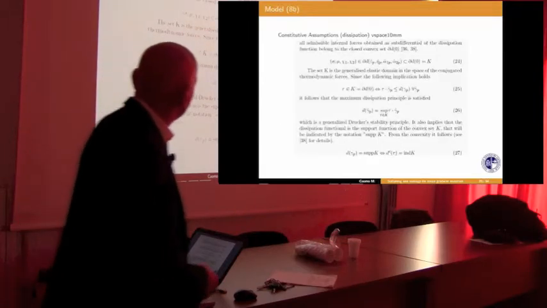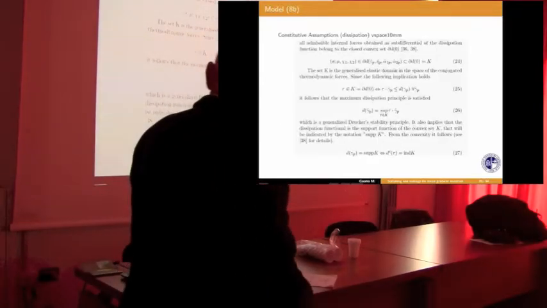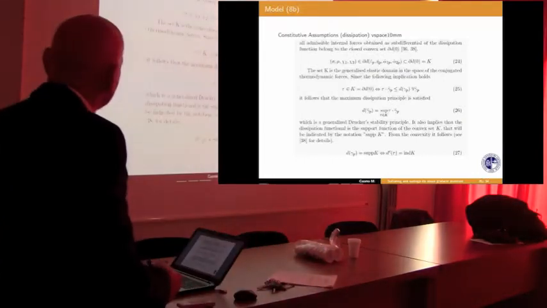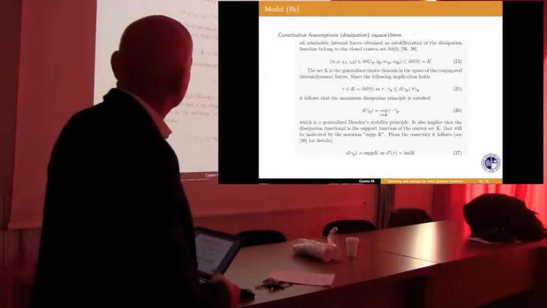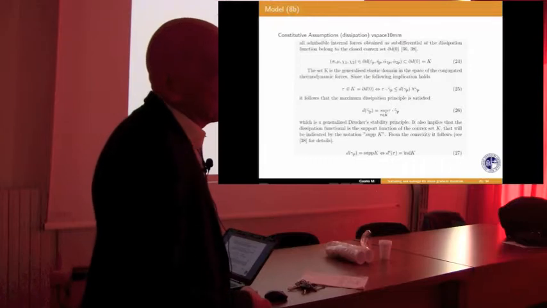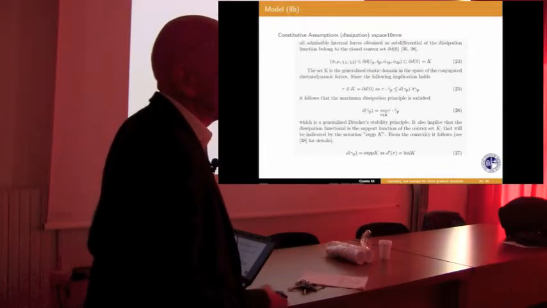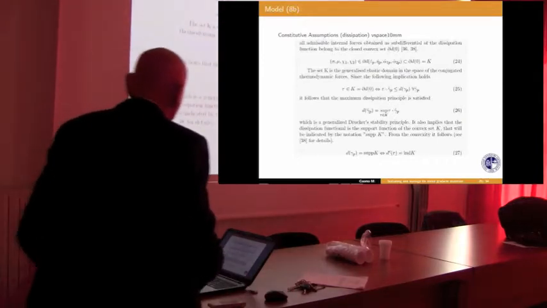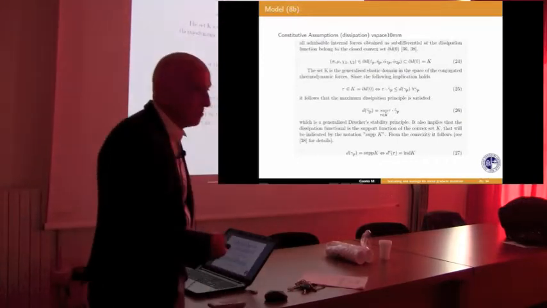With this hypothesis it comes out that the dissipation is the support function of a set, and this set turns out to be the set of admissible stresses. So everything is like in standard plasticity, and this is very convenient. Drucker's postulate holds.